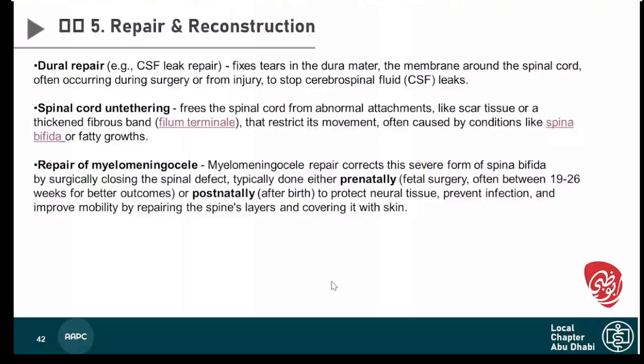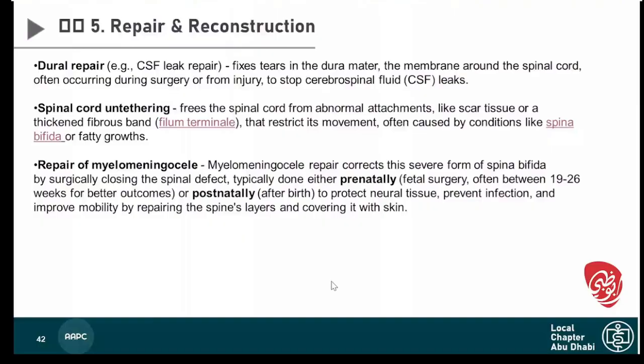Sometimes the filum terminale, the end portion of the spinal cord that attaches to the coccyx, becomes thickened due to adhesions or scar tissue. This restricts the movement of the spinal cord.